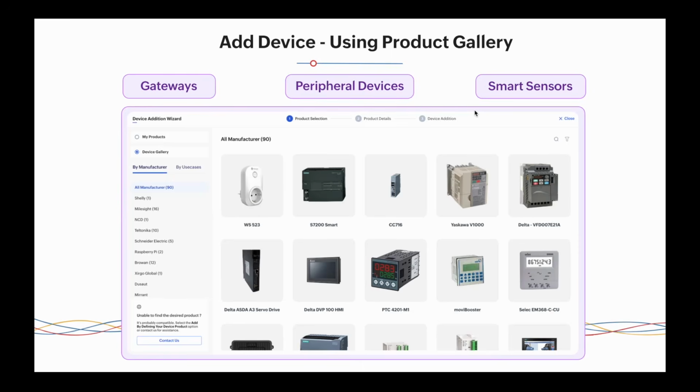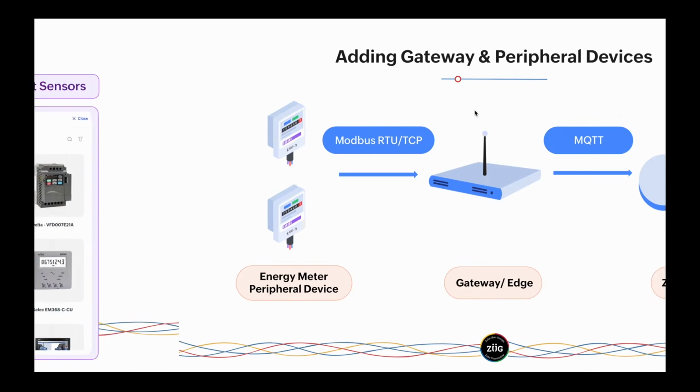You can have a smart filter based on these technologies, or by manufacturer, or by use cases. This lets you explore the devices that are officially supported and tested inside our lab or even in our customer environment.